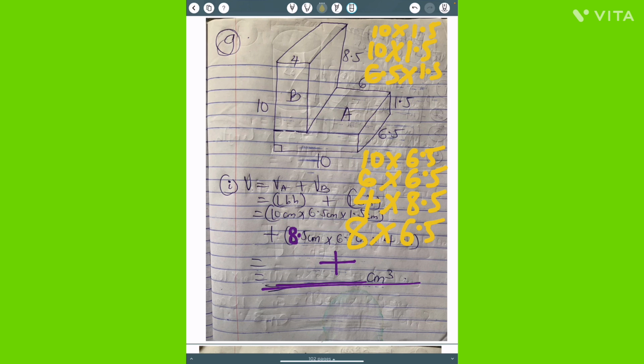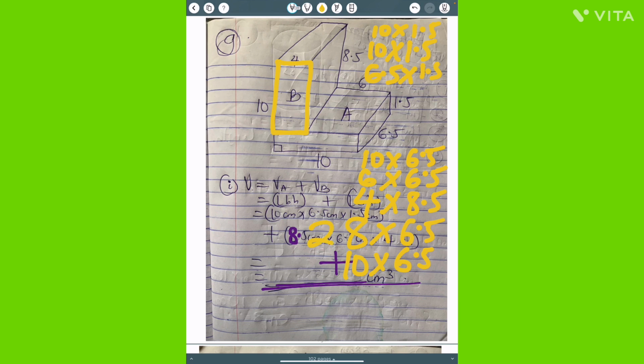Now there's an area here too. That's not showing, but it's there. It's facing your left side. That area is 10 by 6.5 also. It's a long standing area, 10 by 6.5. Then there's another area here: 4 by 8.5 here, 4 by 8.5 here too.